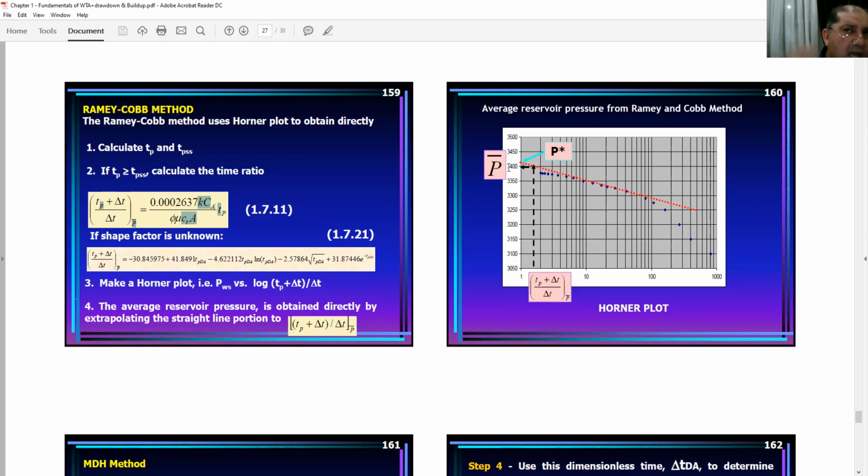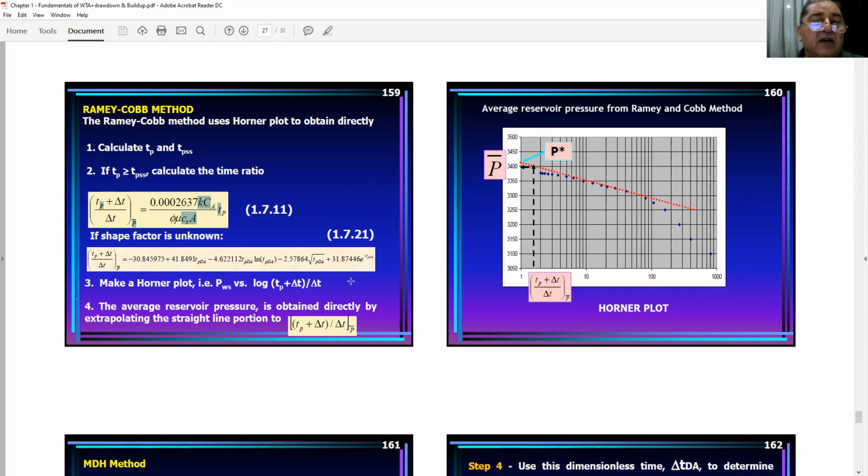You have to know the reservoir configuration, and then you know your CA, your TP, your area. Then you calculate TB plus delta T divided by delta T at average reservoir pressure using the model 171.